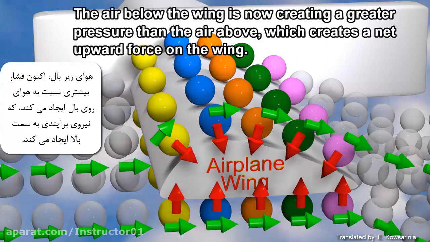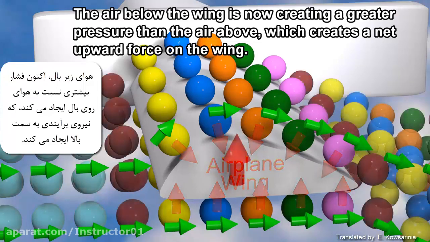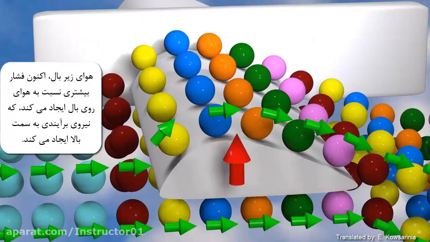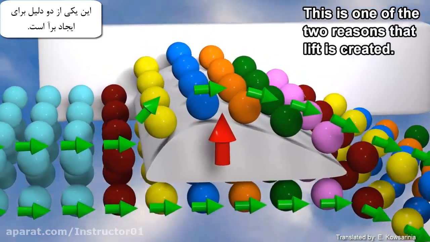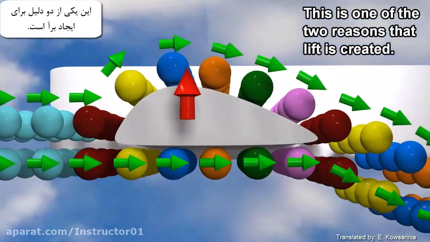The air below the wing is now creating a greater pressure than the air above, which creates a net upward force on the wing. This is one of the two reasons that lift is created.